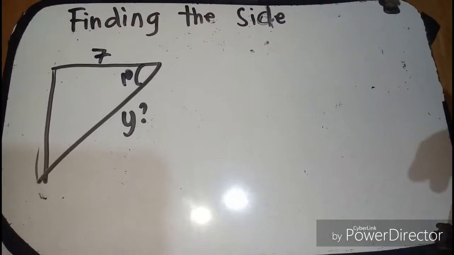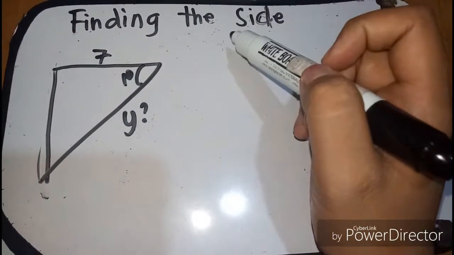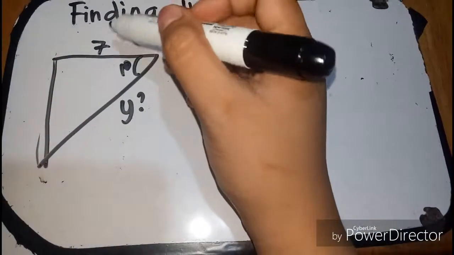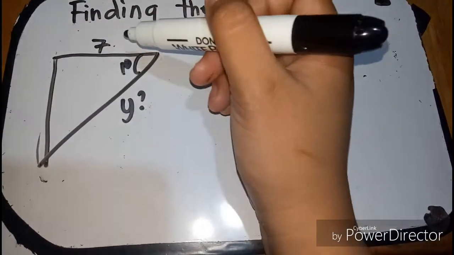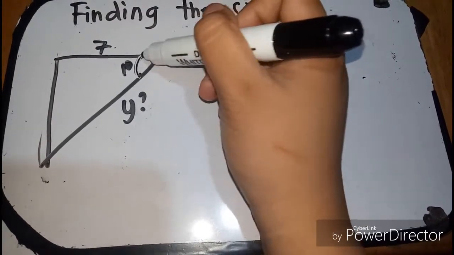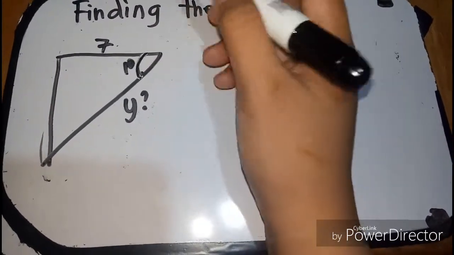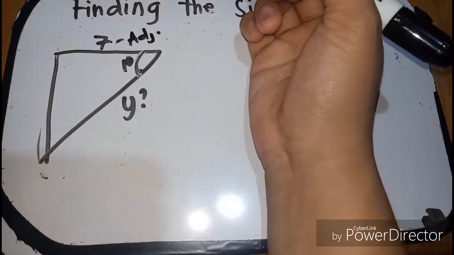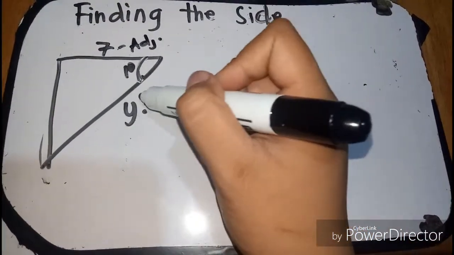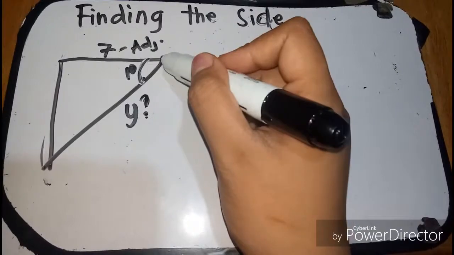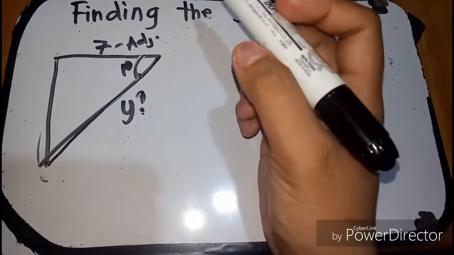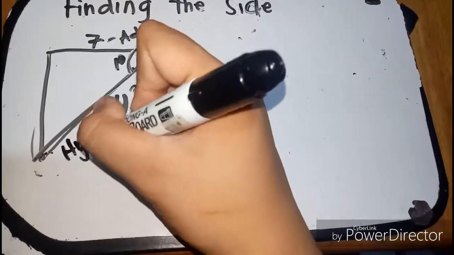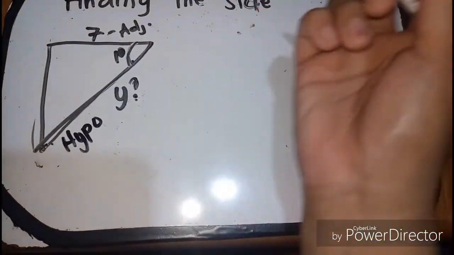I have another example here to find the side of the triangle using SOHCAHTOA. The given is 7, which is next to our angle, so this will be our adjacent, and this unknown is the longest side of the triangle, so this will be the hypotenuse.